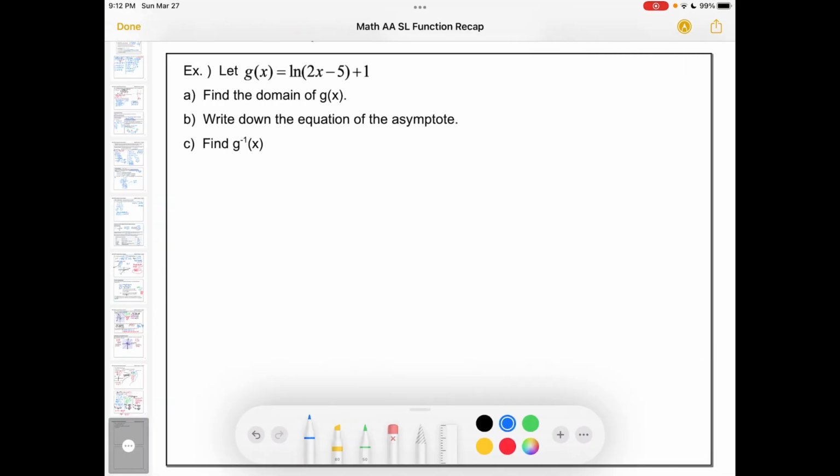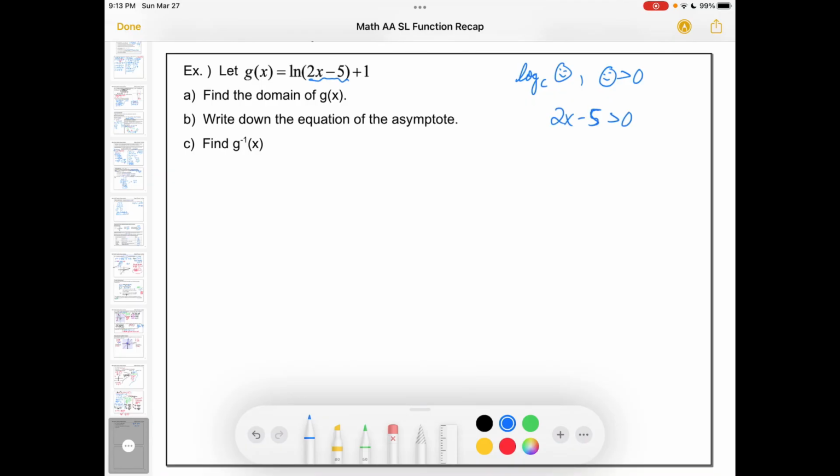Okay, one last one, where we're going to think about a logarithmic function. And we're asked for the domain of g of x here. And this was one of our log rules. If you have the log of something, that something has to be positive. You can only take the log of a positive number in the real number system. So for us, the something that we're taking the log of, and we're taking a natural log, is 2x minus 5.